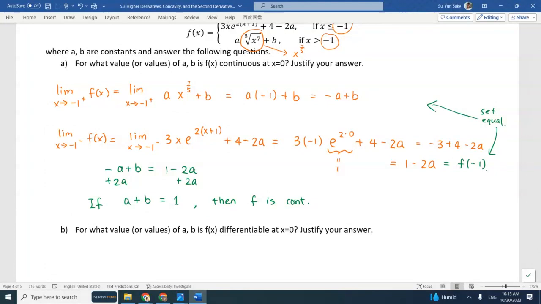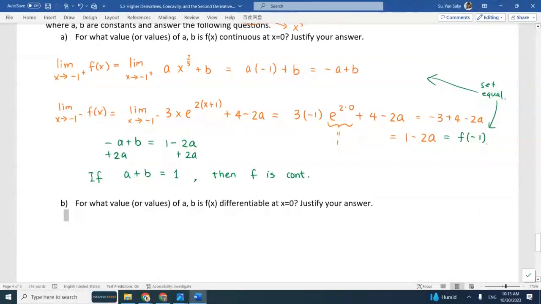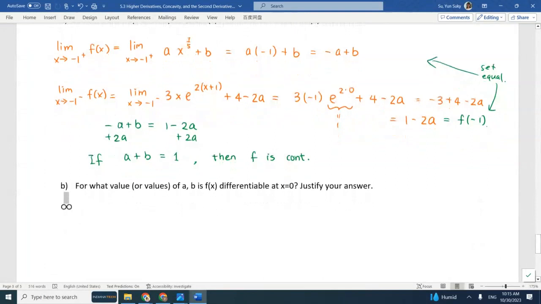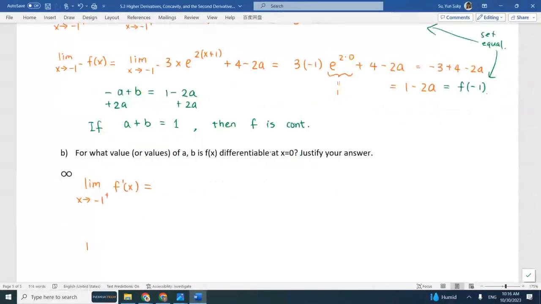Okay, so yeah, part B, we want to find the values a and b such that the function is differentiable. Okay, differentiable. We're talking about the derivative, right? So we make sure the right side derivative equals the left side derivative.